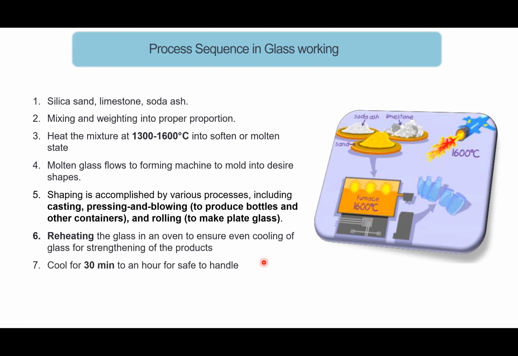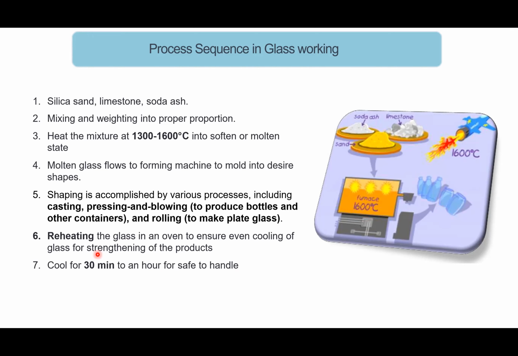Sometimes we also need reheating after manufacturing a certain part using the glass. Due to uneven stress distribution and uneven cooling in the part, we need to reheat it to get better performance in terms of strength and temper. Sometimes reheating is also required for the final product, and for finishing or transparency.